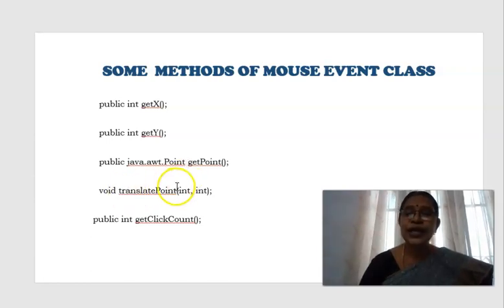The translatePoint method helps you to translate or move the point by the 2 integer arguments. The first argument represents the x coordinate and the second represents the y coordinate. If you want to move to a particular point, you can use translatePoint.